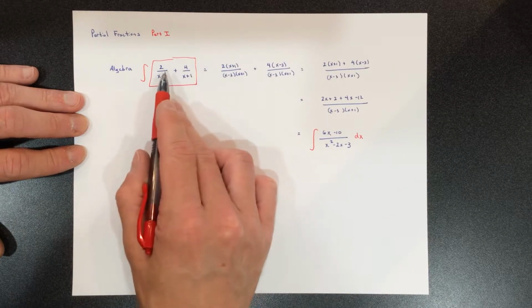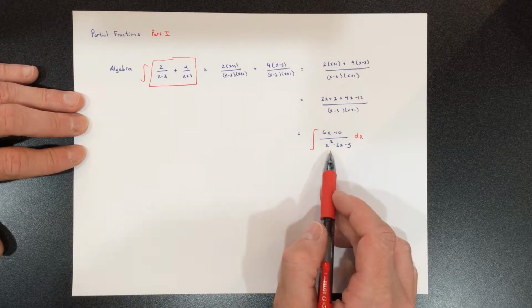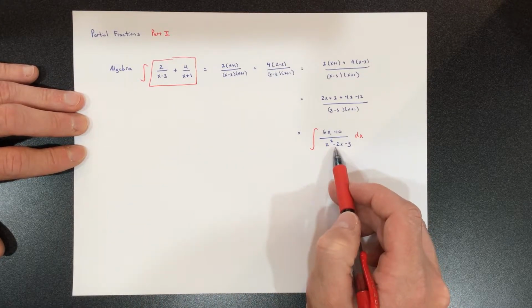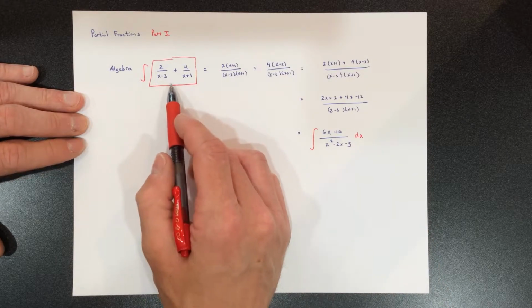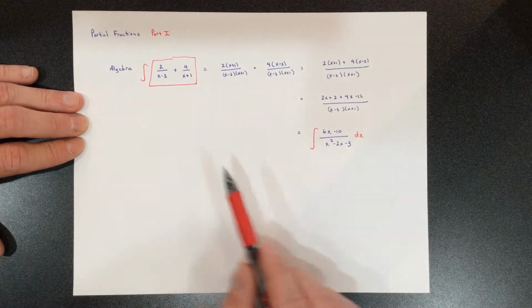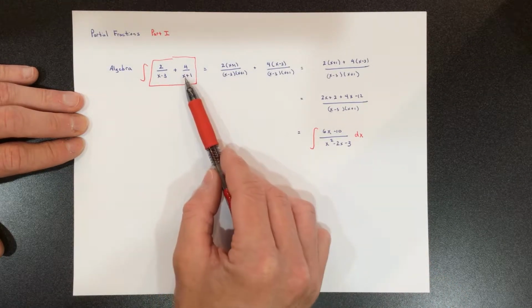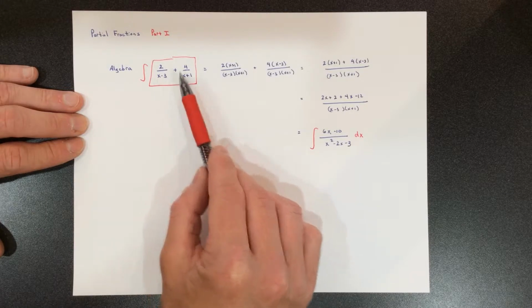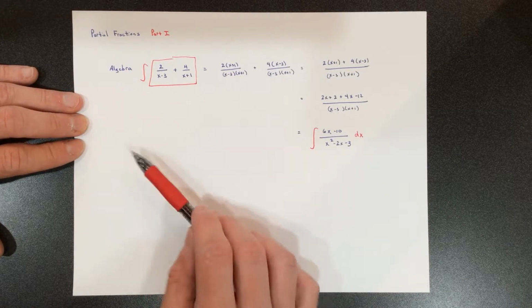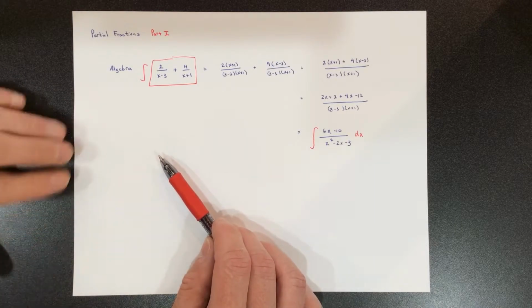But if this 2 over x minus 3 plus 4 over x plus 1 is equal to this, well, why would I want to do this integral? Why not do something that's equal and do the easy integral? So the method of partial fractions is decomposing something like this into some linear things. And I say linear because the denominator typically will be linear. In the two examples that I show you in this video, they'll both be linear.